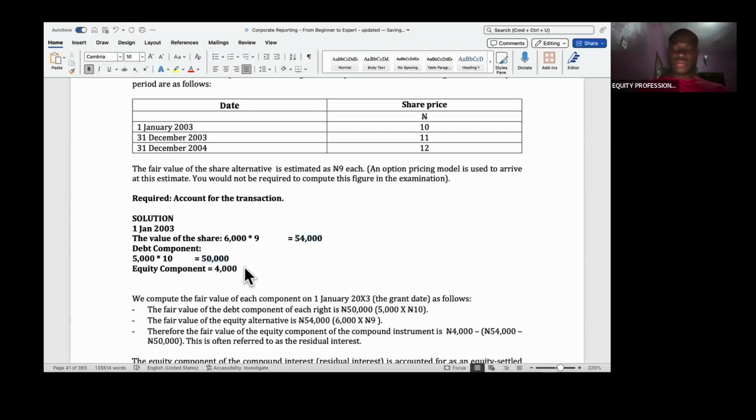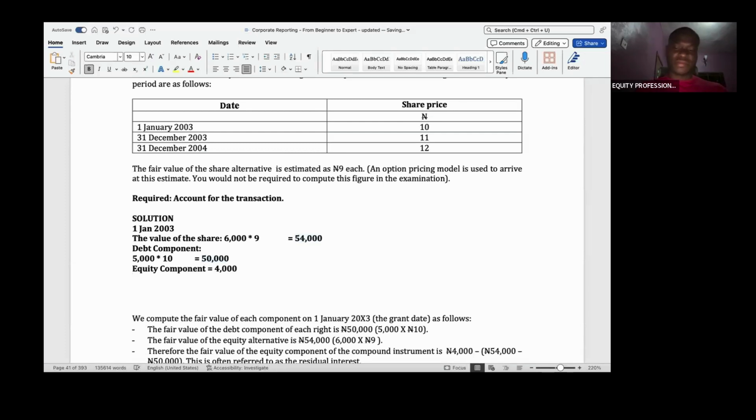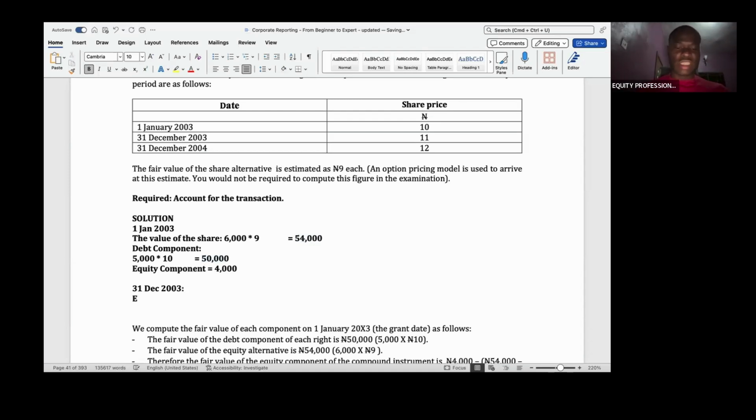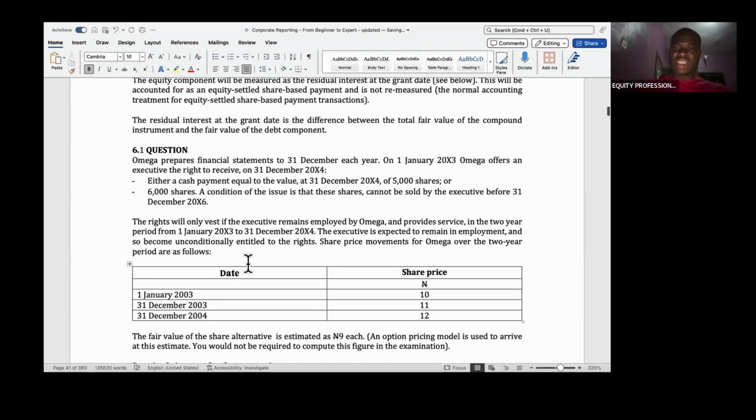Now, at the end of the year, 31st December 2003, the equity component, we have already established that the total value is 4,000, but we cannot recognize everything in year one, since the vesting date is 2004.